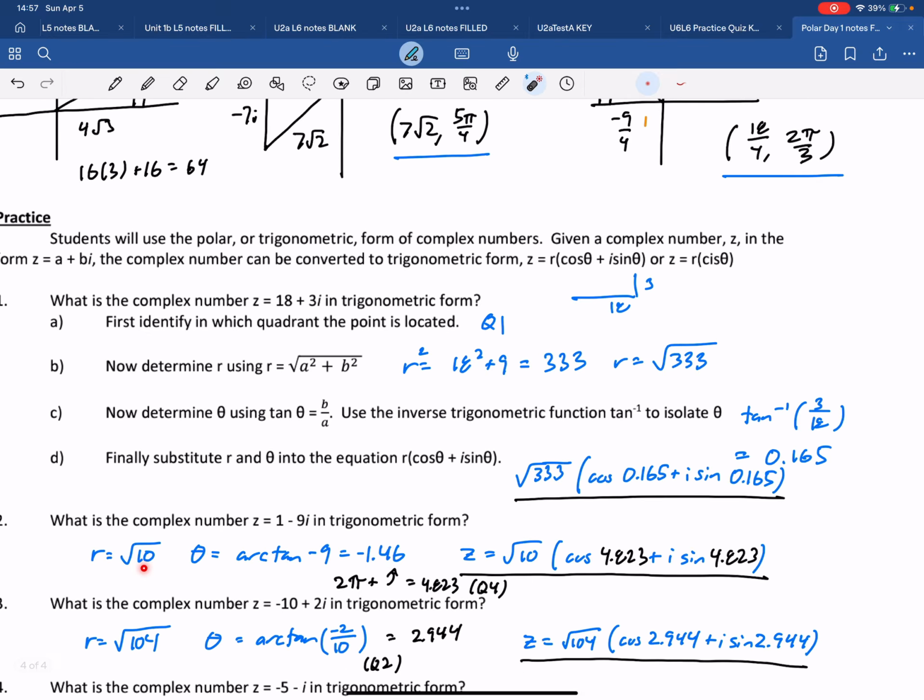Okay, so the radius is going to be the square root of 81 plus 1, so it's root 82.